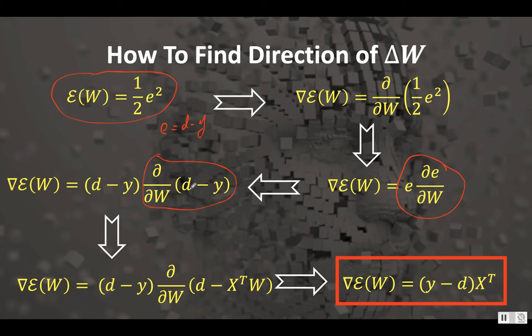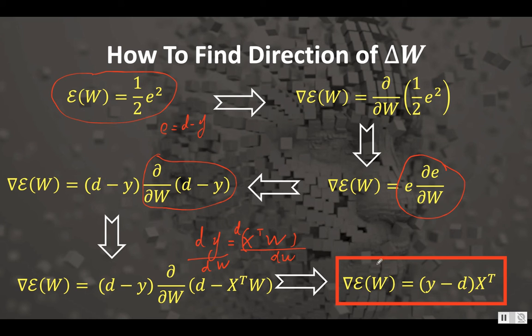Since d is just d, and y is nothing but x transpose multiplied by w, we do dy/dw, and that equals x transpose.